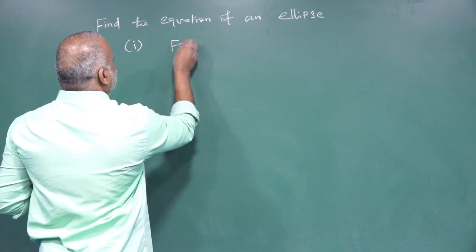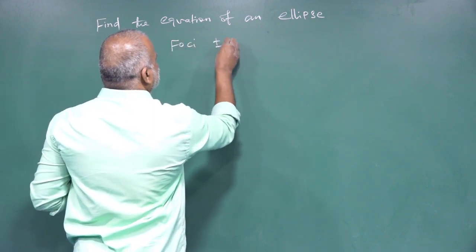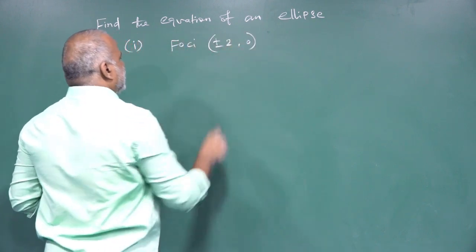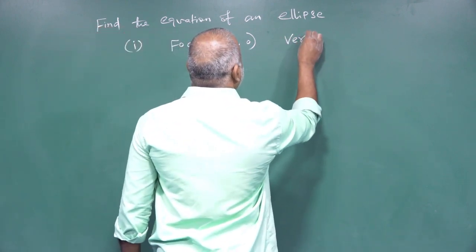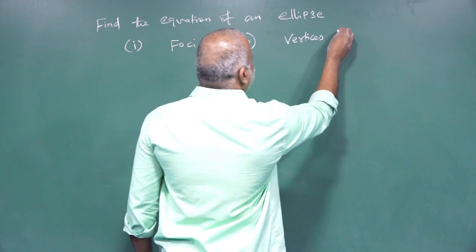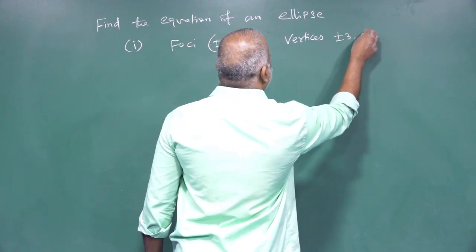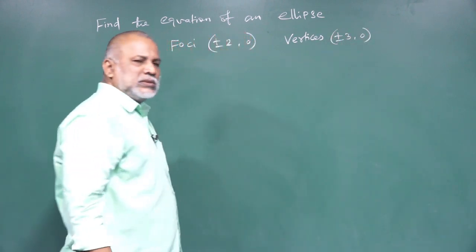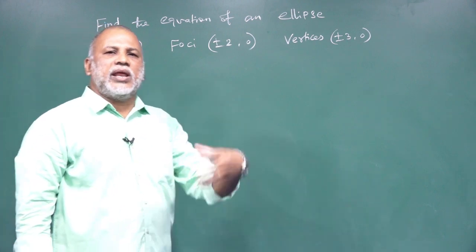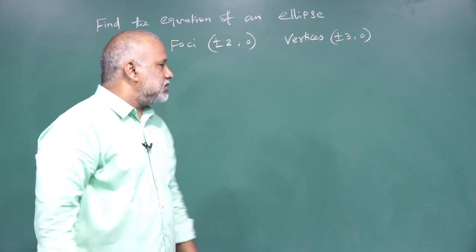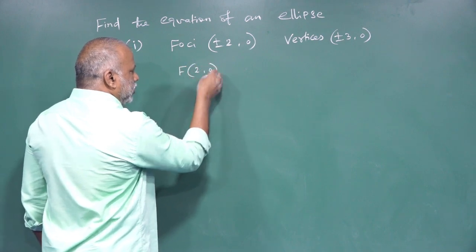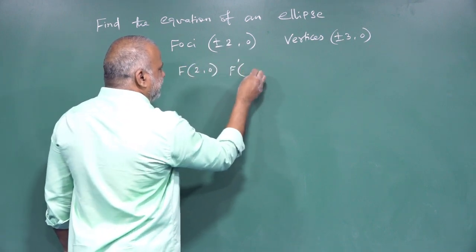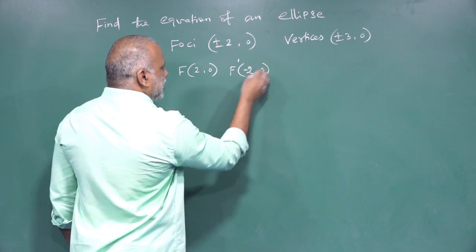Foci plus or minus 2, 0. Vertices plus or minus 3, 0. See your basic definition of an ellipse, then all the theoretical concepts. Foci are denoted by F 2, 0 and one more F dash minus 2, 0.